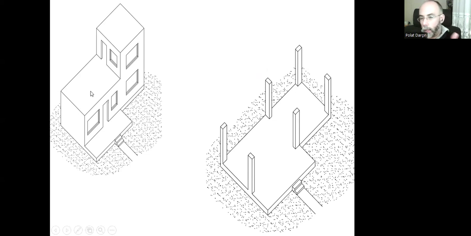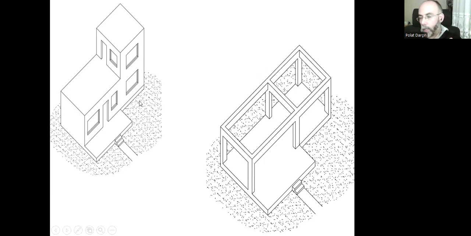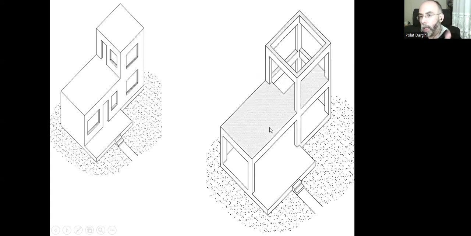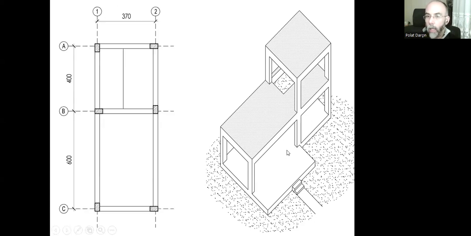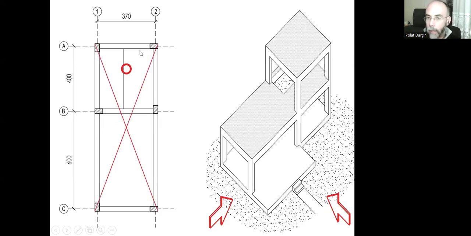If we design the structural system like this, with columns and beams like that, and the beams for the upper floor, and also the gap for the stairs, obviously, since this part is heavier, during the earthquake, during the lateral force, that part will not want to move. That's the geometrical center.